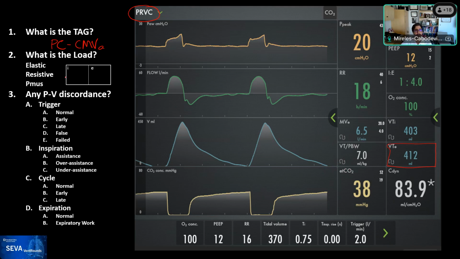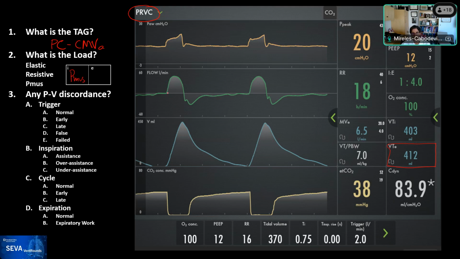Right. Very good. So the next question is, during inspiration, what's the load? All right. There's a rapid response from the team stating that during inspiration, there's PMUS. And you're absolutely right. PMUS is the driving force here.